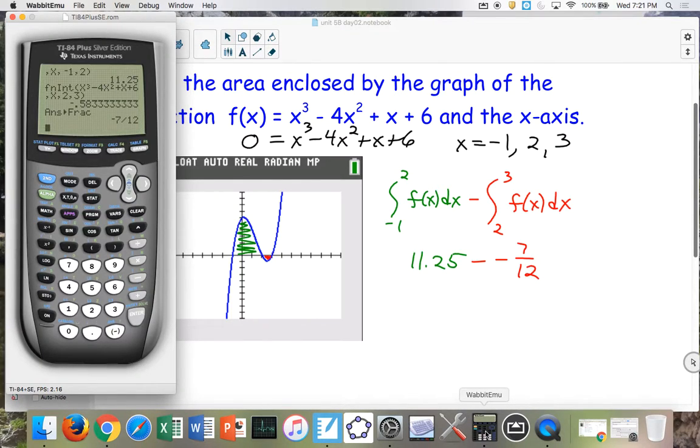So let's take that answer, and we get 11.83 repeating, or 71/6.